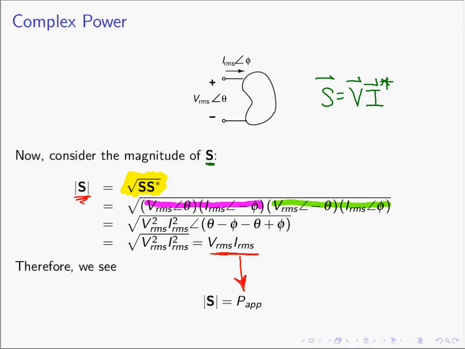That is the apparent power. So if you do S equals VI conjugate, it's going to be a complex number. The real and imaginary part tell you the real power and the reactive power, and if you look at it from its polar representation, the magnitude of S tells you the apparent power.